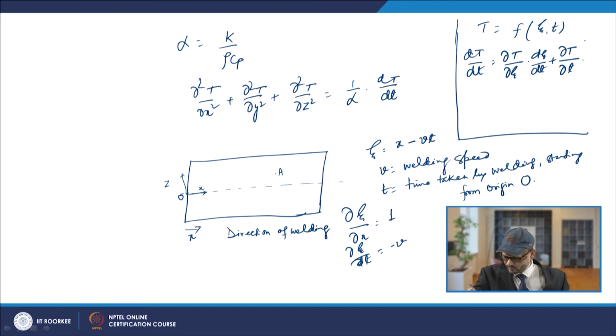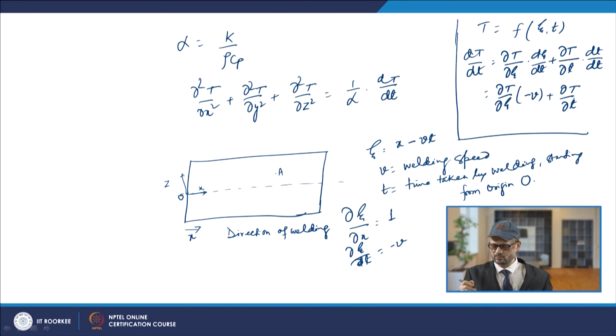So dT by dt is dou T by dou zeta times d zeta by dt, which we know is minus v, plus dou T by dou t, with dt by dt being 1 itself.